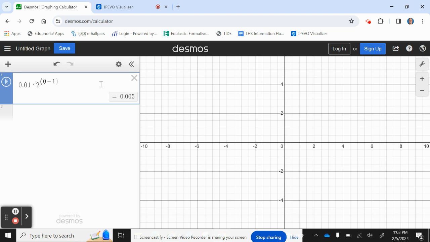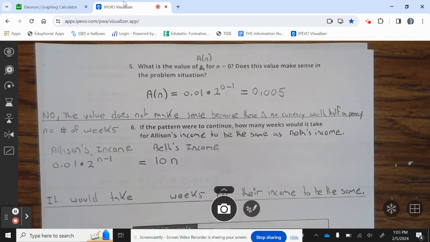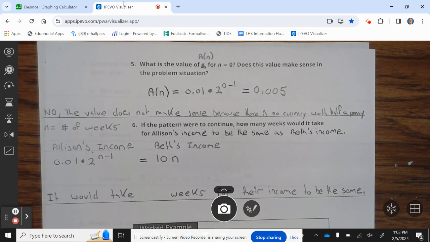Which is 0.005. Okay, no, the value does not make sense because there is no currency with half a penny.